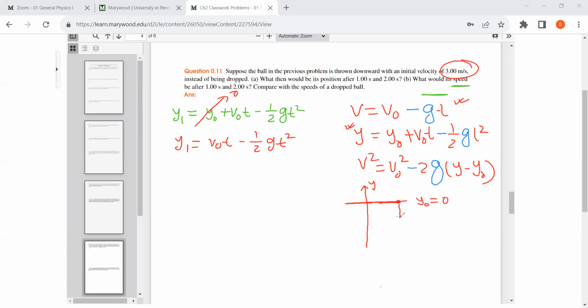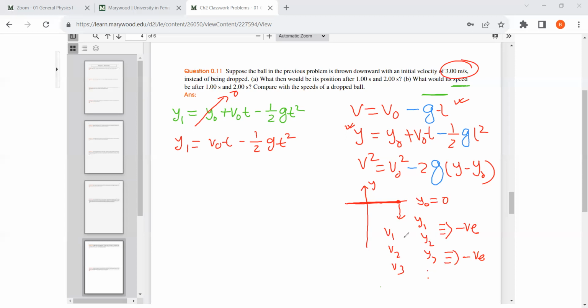When you drop something below y0 equal to 0, all the positions y1, y2, y3, all those things will be negative, and also the corresponding velocities will be negative. Why? Because they are going downward. Downward means negative direction.